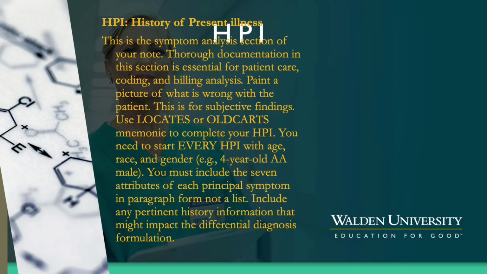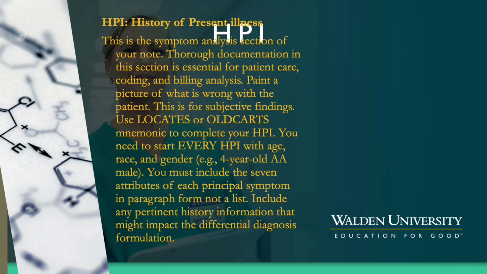What is an HPI? The history of present illness is a symptom analysis of your note. This is where you write and document what is going on with that patient. You want to integrate the onset, the location, the duration, the characteristics of the symptoms, and any associating symptoms that are happening right now.